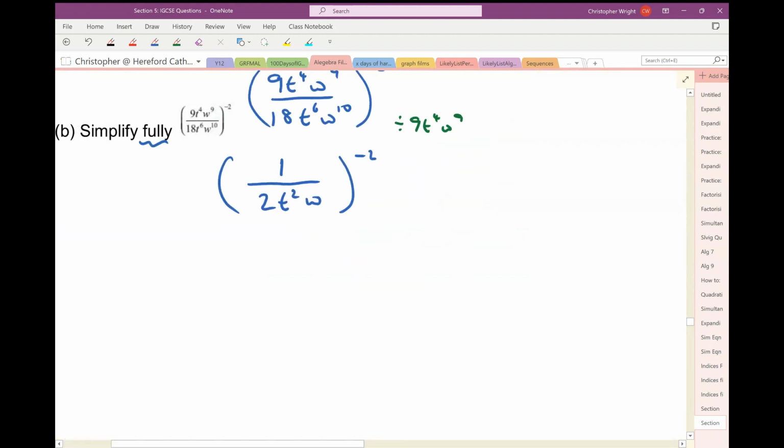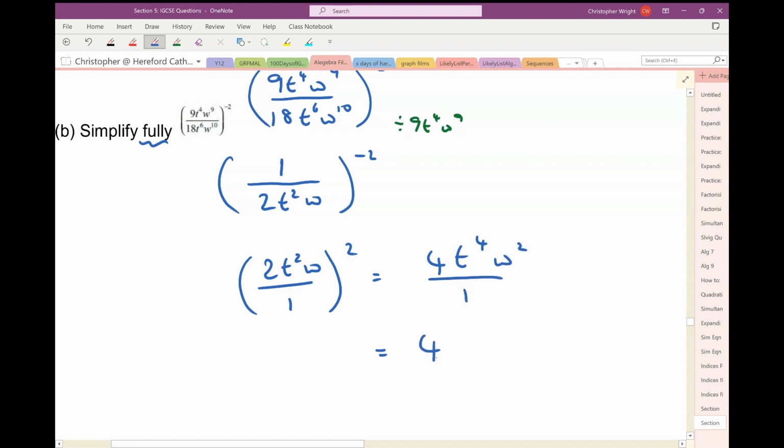Now get rid of that minus power. Let's flip the fraction. So I've flipped the fraction, and now I've simply got that to the power of 2. So that's going to be 4 t to the 4 w squared over 1 squared, which is 1. So the answer is simply 4 t to the 4 w squared.